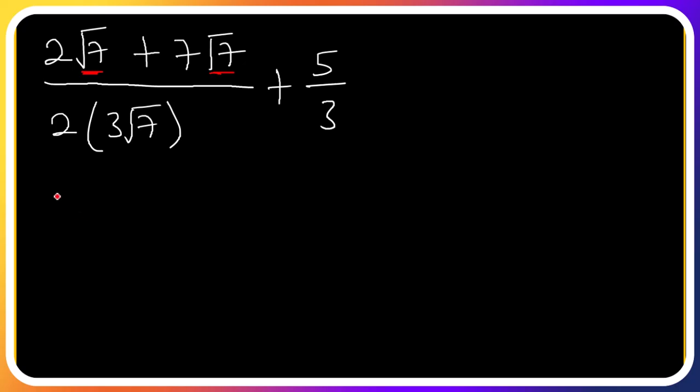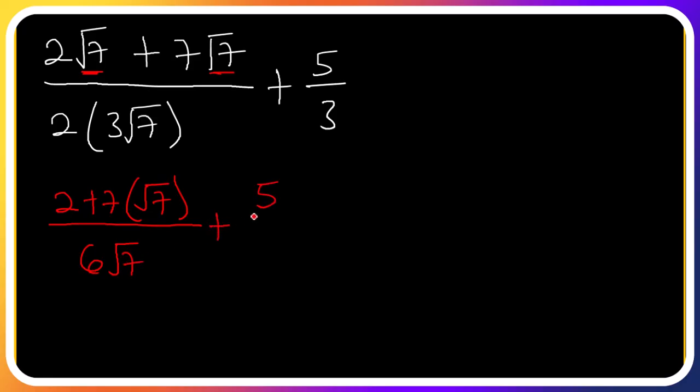So we have 2 plus 7, all multiplying root 7, divided by 2 multiplying 3, which gives us 6 root 7, plus 5 on 3. Now we move on. 2 plus 7 gives us 9 root 7 on 6 root 7.